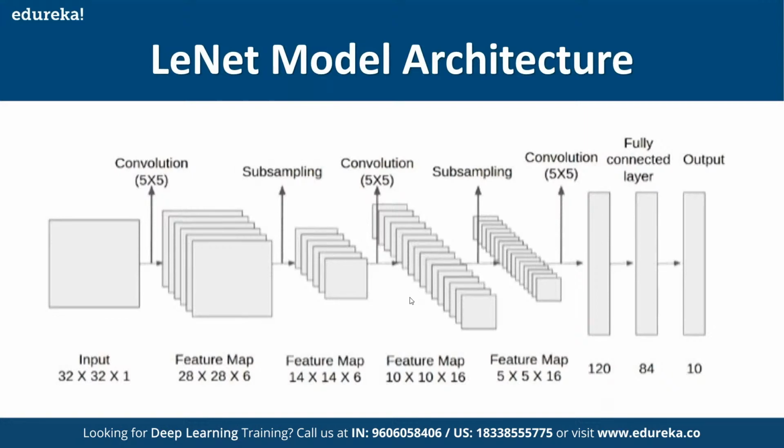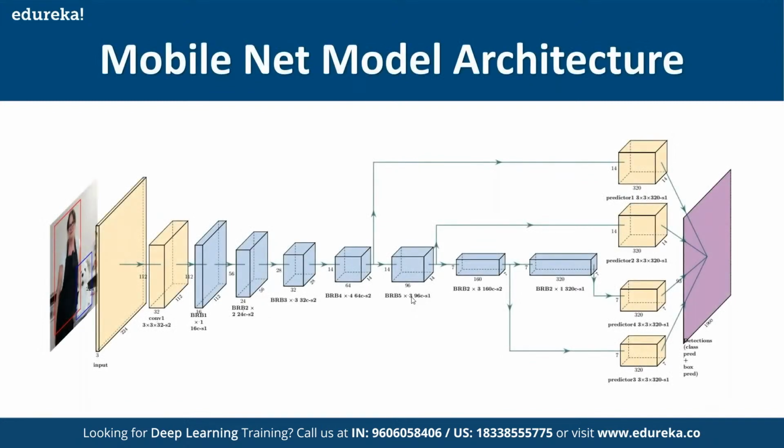Likewise, if I take another example, the MobileNet model architecture, this is how it would look. Each architecture has its own settings. When I say settings, it expects the input in its own shape, it has its own set of convolution layers and its own set of dense layers, and it has been prepared to do a specific task.